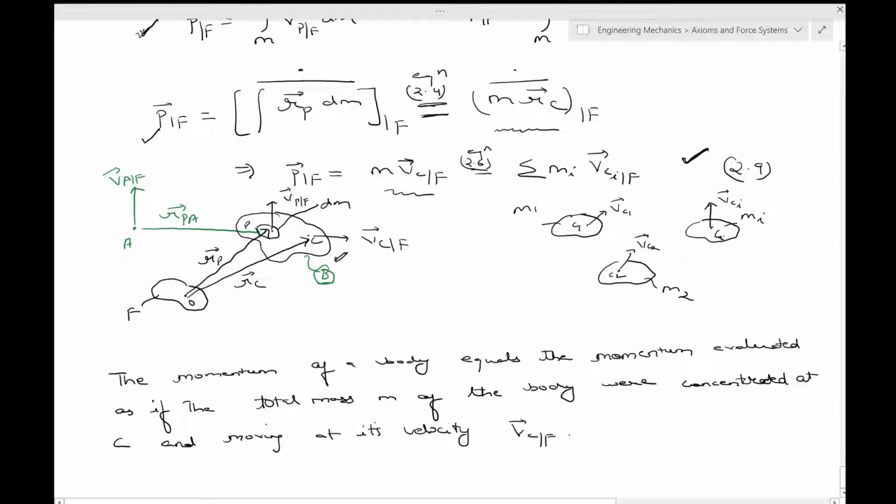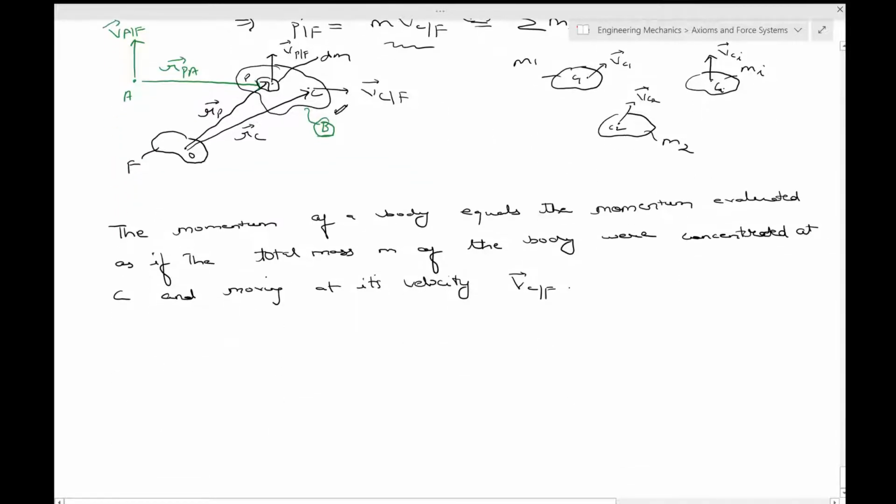Okay, so before we define the Euler's axioms, we have already done the part of defining the moment and the moment of momentum of a body about a given point. So what do these Euler's axioms do? They relate the time derivative of momentum and the moment of momentum with external forces and moments. So I'll write this in some other color so that we know what they do overall.